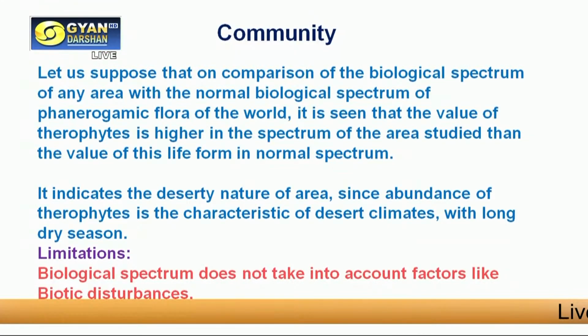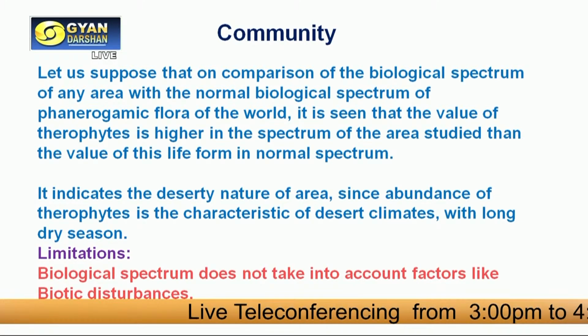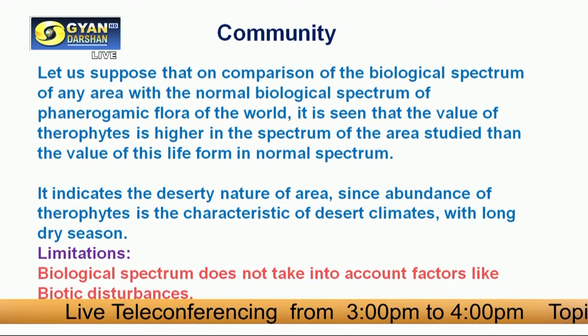And the classification system of life forms given by Raunkiaer is very relevant because it has a lot of other significance as well. If you have such a condition, then it indicates the desert nature of the area, since abundance of therophytes is the characteristic of desert climate.